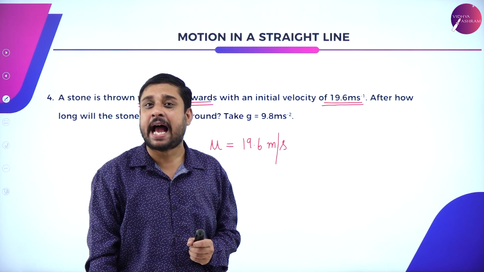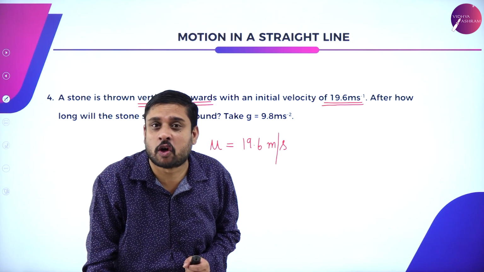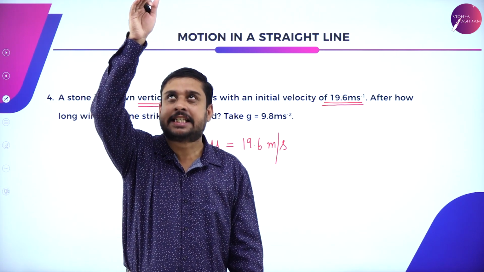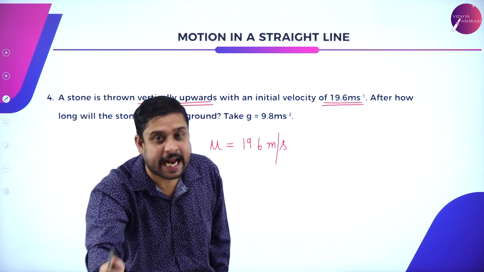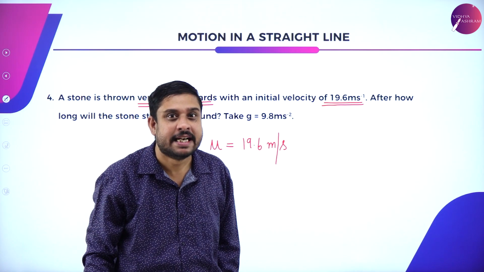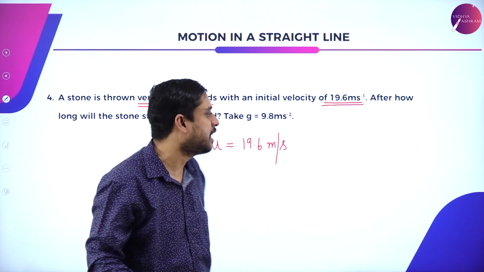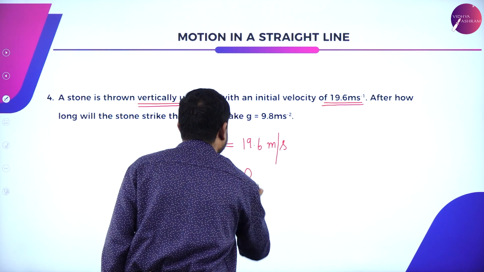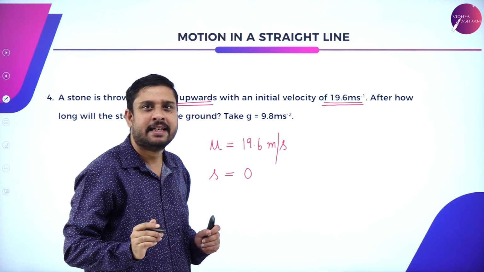Now, what is the actual displacement of this stone? It will reach a certain height and come back to the ground. Same initial position. So, s is 0. Why?